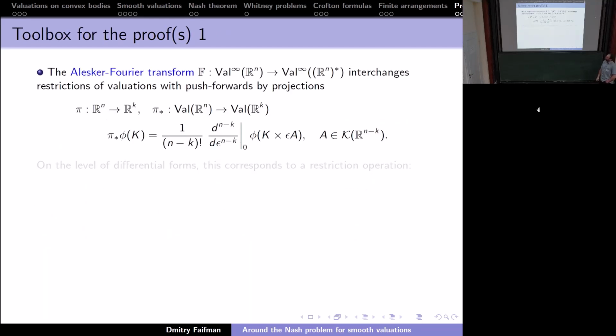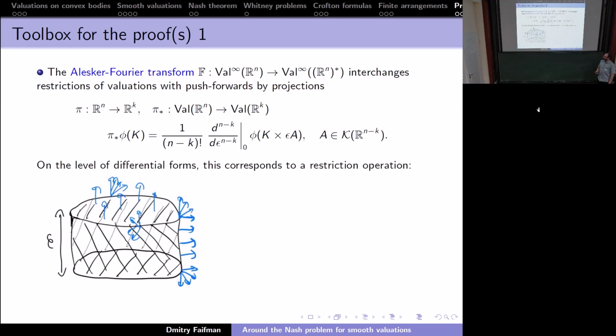Okay, so those were the difficulties, and now I can tell you something about the tools that go into the proof. So one thing we have at our disposal, luckily, is the Alesker Fourier transform, which interchanges restrictions of valuations with another operation, which is called push forward of valuations. While it's a bit less intuitive to describe geometrically on the level of differential forms, it corresponds precisely to restrictions. So the formula for push forward is basically like that.